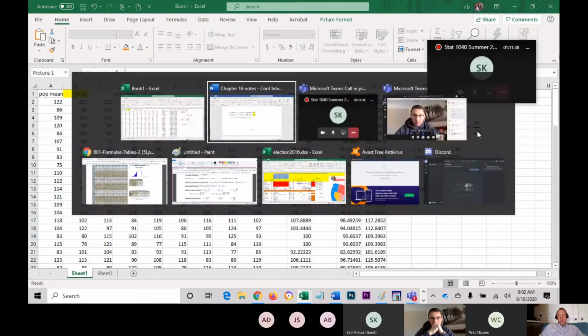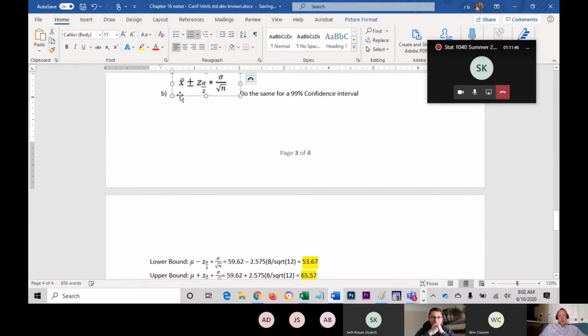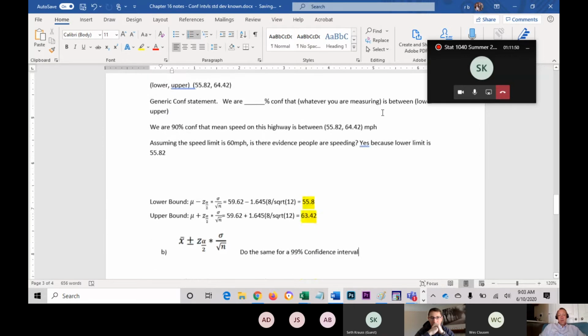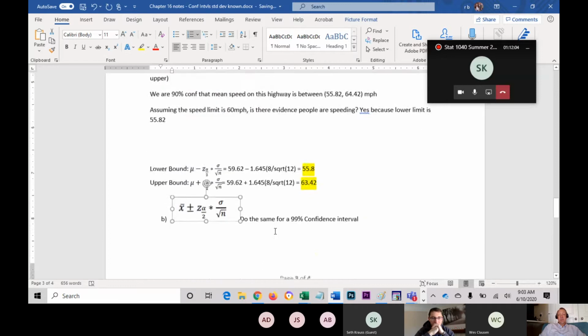I'm going to copy that formula because that's what you're going to be able to look for on the next thing here. We're going to pick on Seth this time since you're back from the bathroom. Can you tell me how to use this formula for a 99% confidence interval?